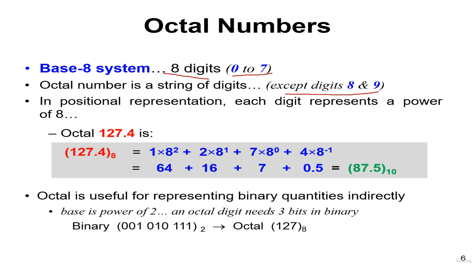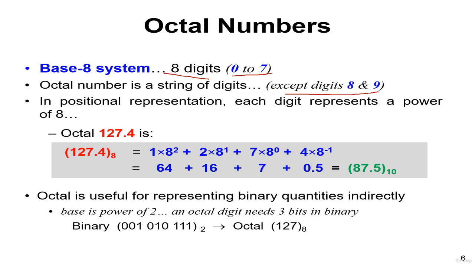So what happens in octal is that an octal digit can be used to represent three bits in binary, right? Similarly, in hexadecimal, each hexadecimal digit can be used to represent 4 bits in binary, right?